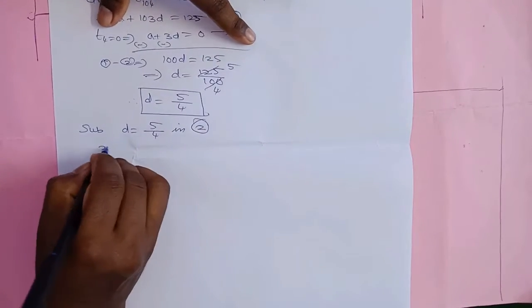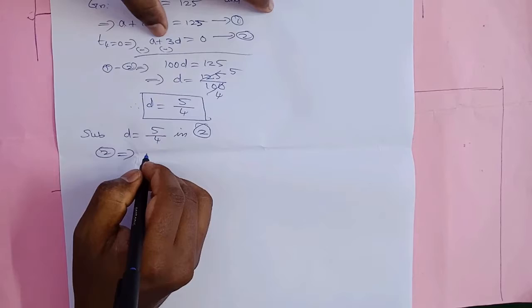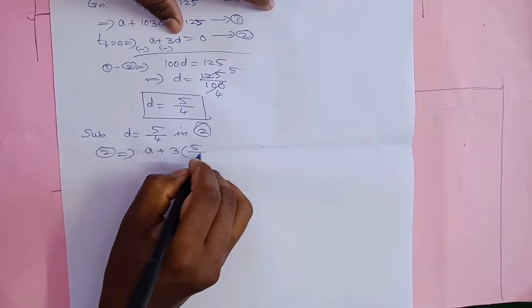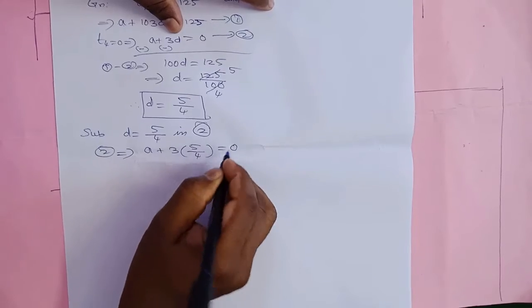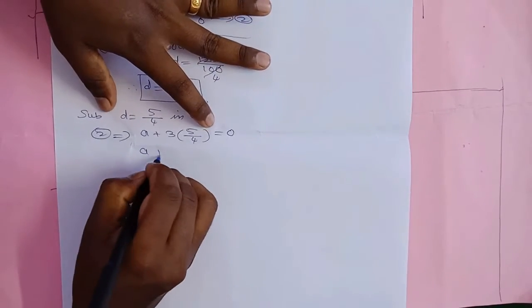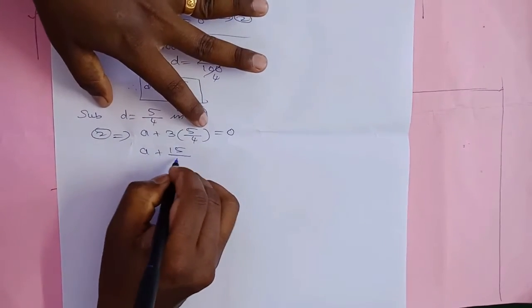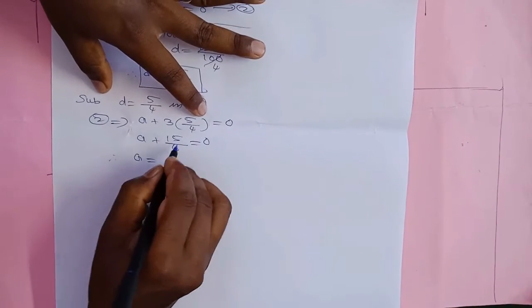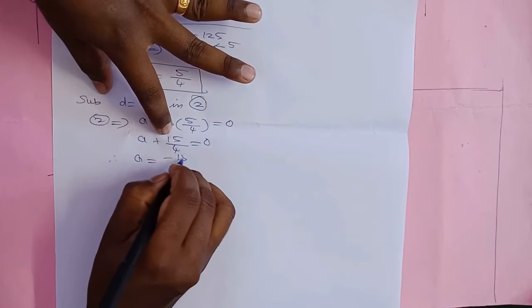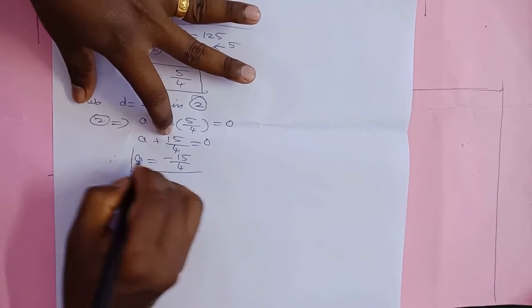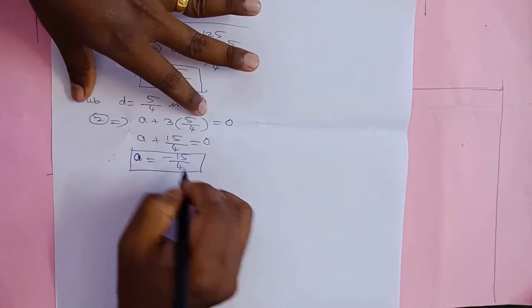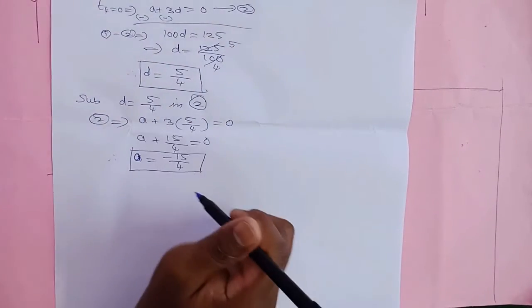Equation 2 implies a plus 3 into d is equal to 0. So a plus 3 5s are 15 by 4 equal to 0. Therefore a is equal to minus 15 by 4. Therefore first term a is equal to minus 15 by 4, d is equal to 5 by 4.